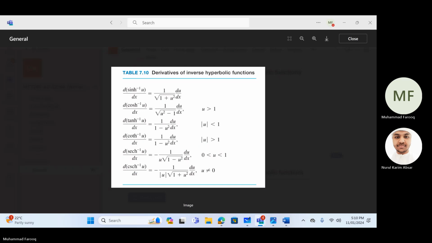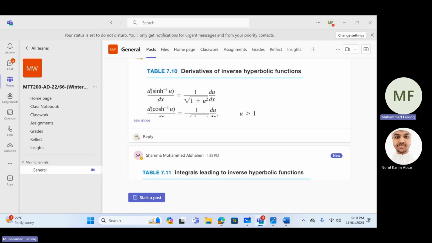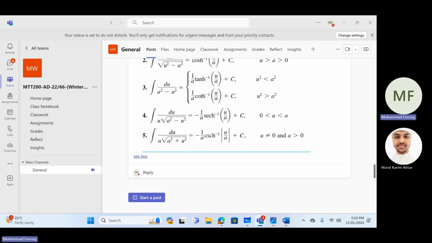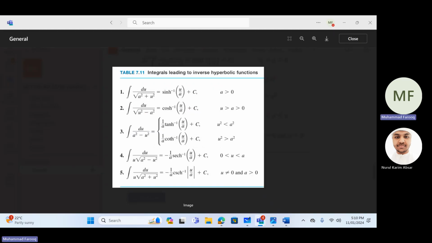The formulas for integration of the inverse hyperbolic functions are here. This is a table for integration of inverse hyperbolic functions. It means you cannot integrate to get a hyperbolic function directly; in the answers you get inverse hyperbolic functions. Same as in 7.6, where as an answer you get sine inverse x, tan inverse x, secant inverse.